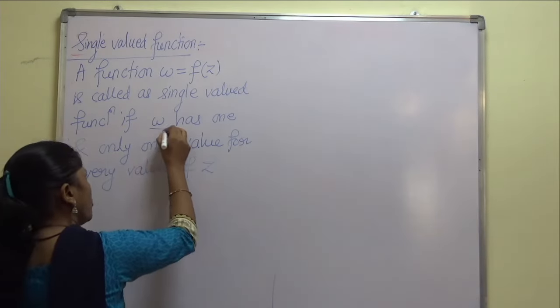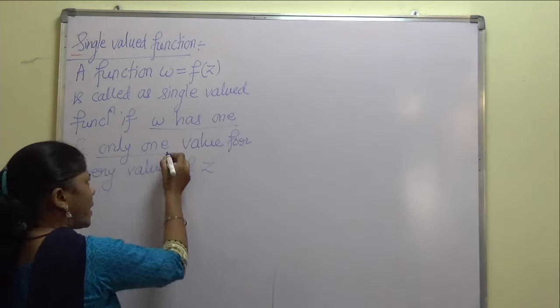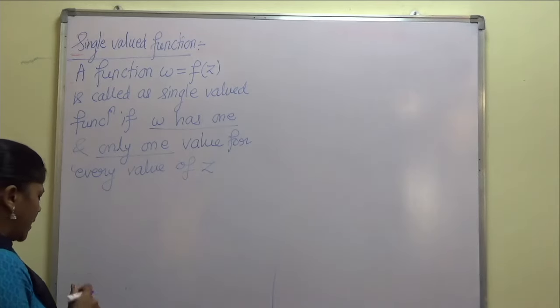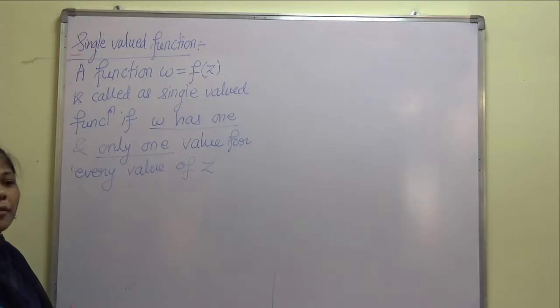So remember, omega has one and only one value for every value of z, then it is called a single-valued function.